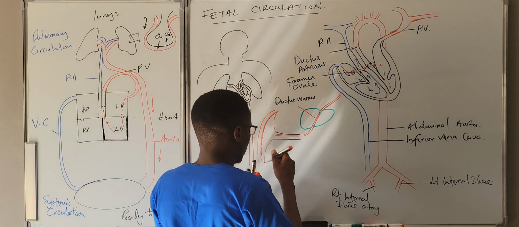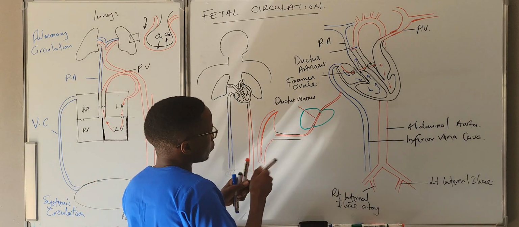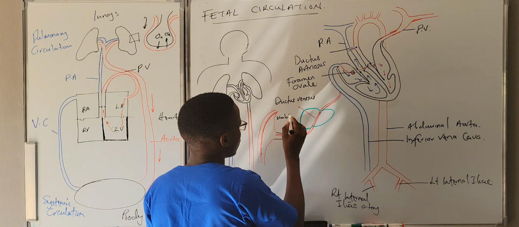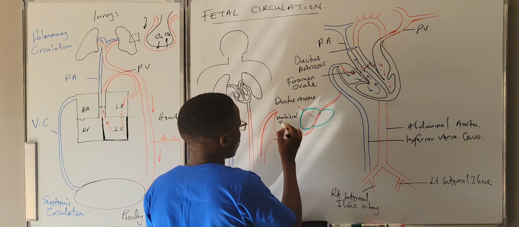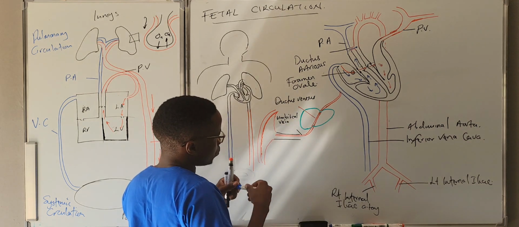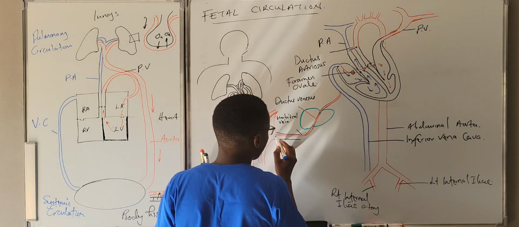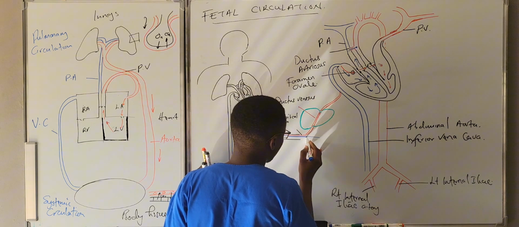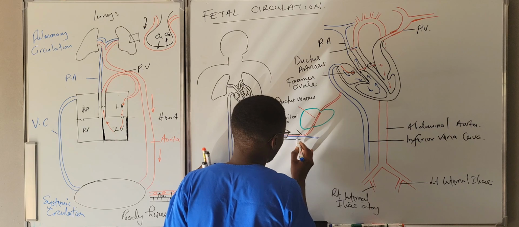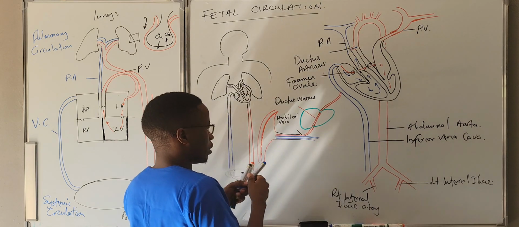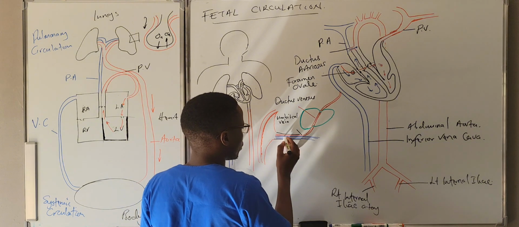So this is the umbilical vein. And then we have two umbilical arteries. Here is one and another. We are saying that these are umbilical arteries.